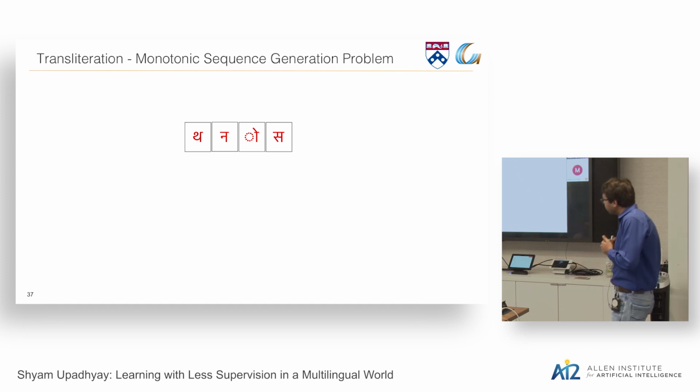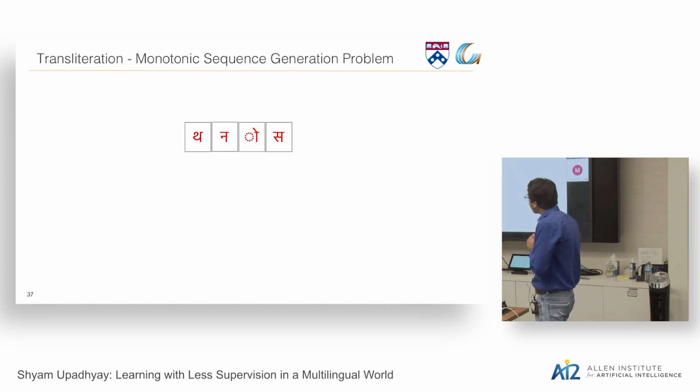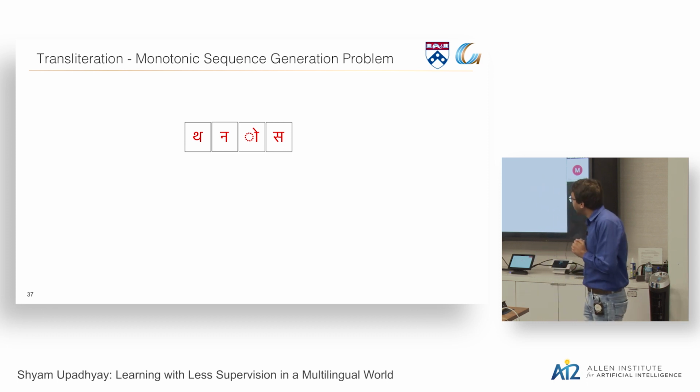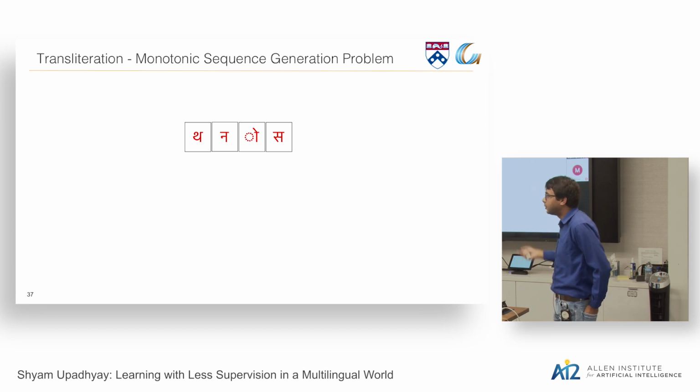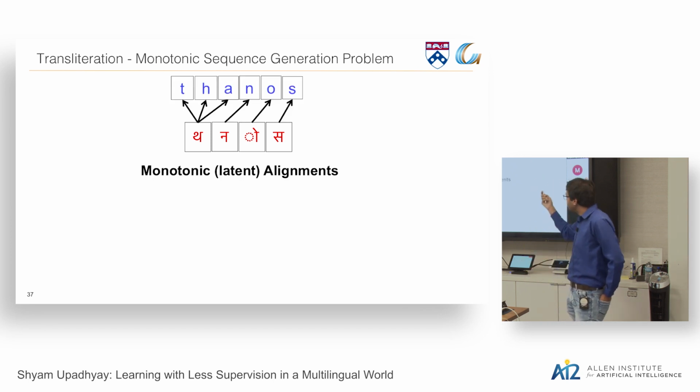Okay, so we're going to make an assumption. We are going to assume that transliteration is a monotonic sequence generation problem. What I mean by that is, given a sequence of characters in the foreign script, the characters in the English script will be generated in a monotonic manner.